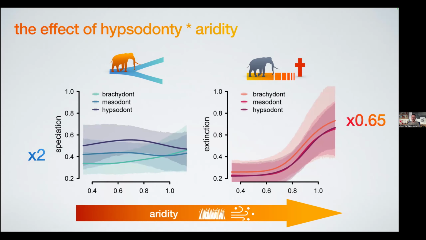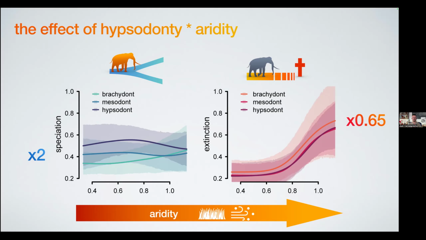We have low crown molar species going a little bit faster, but it's not super crazy. But for speciation, this is crazy because we see a major difference. So hypsodont species really increase their speciation capacity as aridity reaches this moderate level, and then they fall back again. They have this unimodal kind of distribution. So these are isolated, let's say, effects.